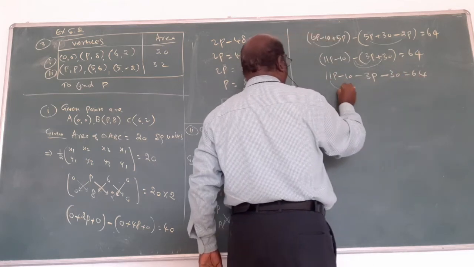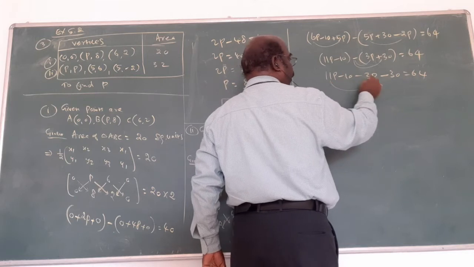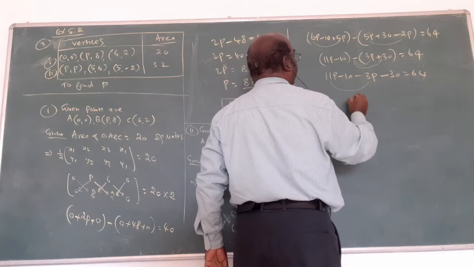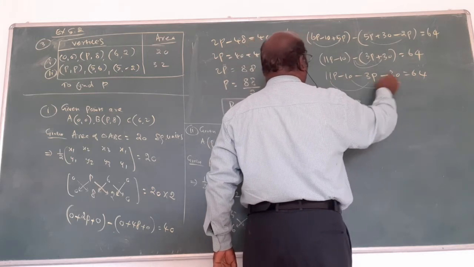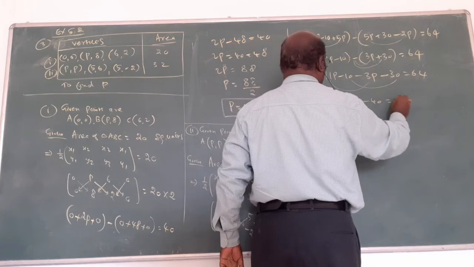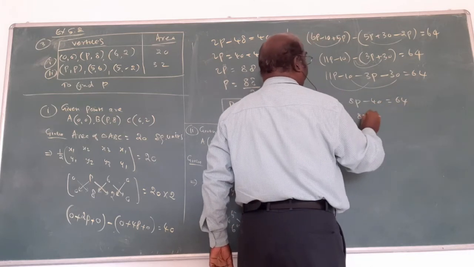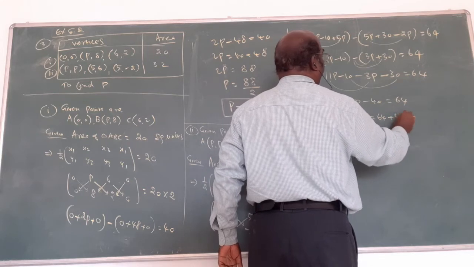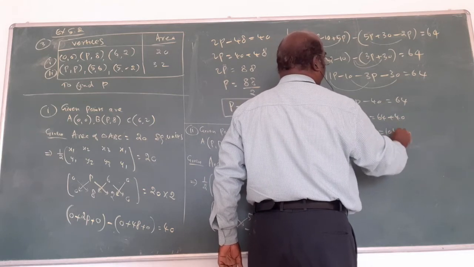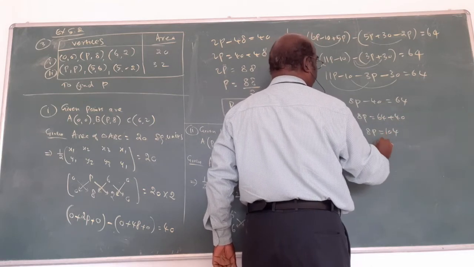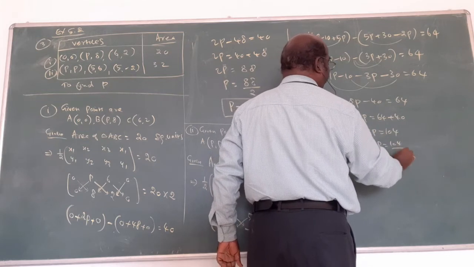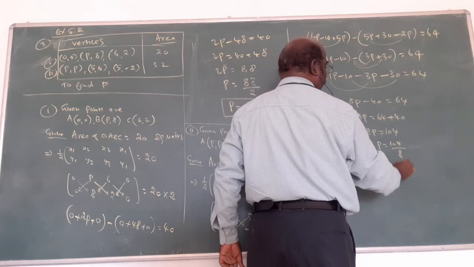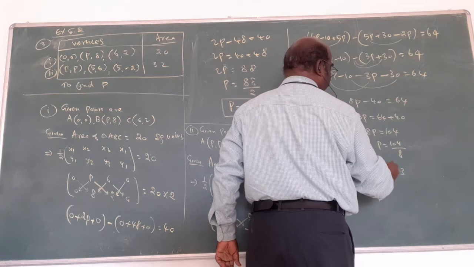Now combining p with p. 11p minus 3p is 8p. And minus 40 equal to 64. 8p equal to 64 plus 40 is what? 104. p equal to 104 by 8.